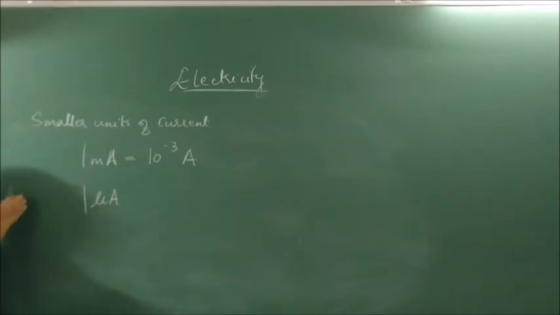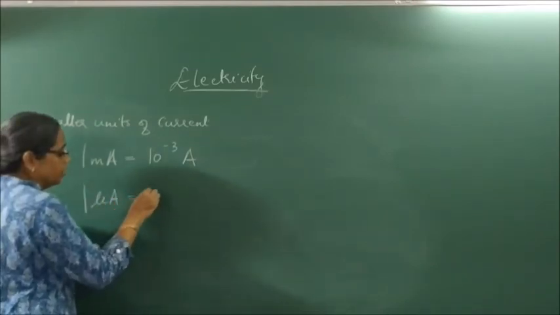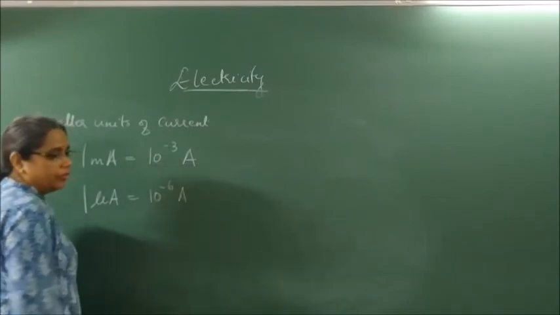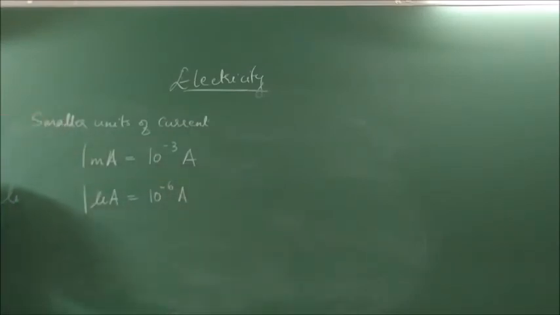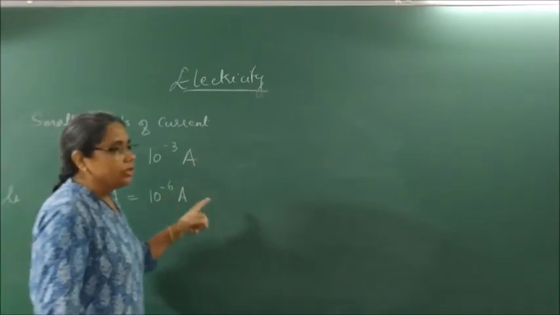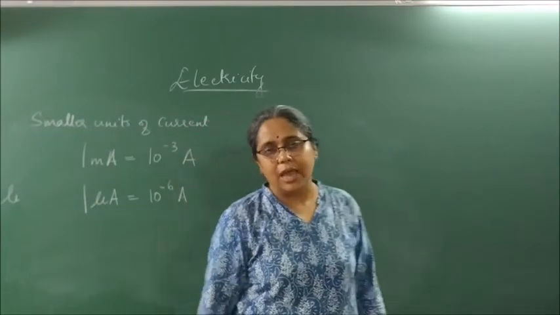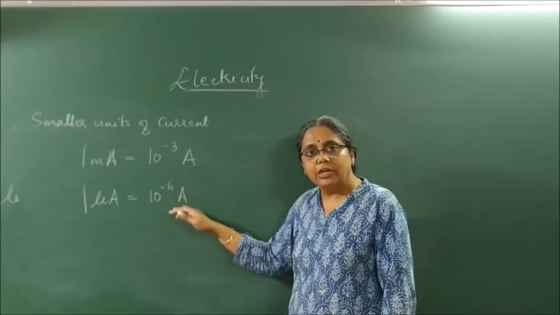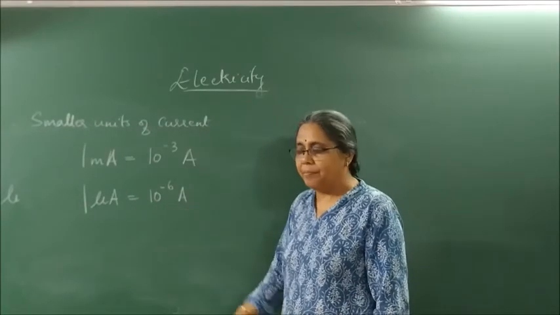Micro means 1 microampere is equal to 10 to the power of minus 6 amperes. This is the conversion table, because we need to convert all the milli and micro into amperes while solving problems. So 1 milliampere is 10 to the power of minus 3 amperes and 1 microampere is 10 to the power of minus 6 ampere.